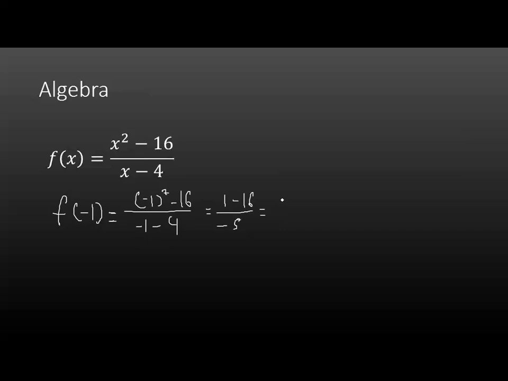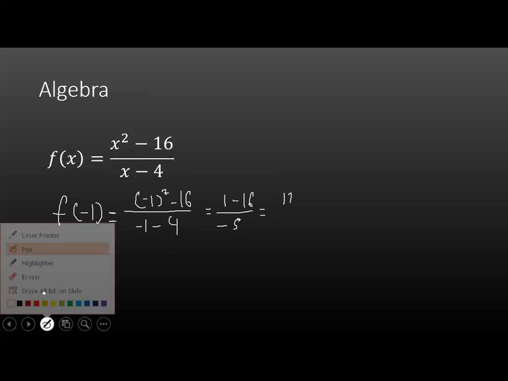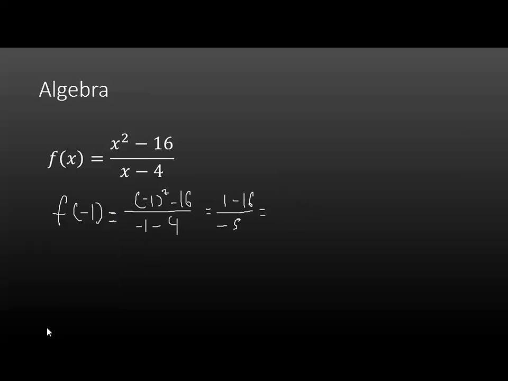Oh, no, not 17. You will have negative 15 because 1 minus 16 is negative 15 all over negative 5. So this is positive 3. Now, how about if we substitute 4?